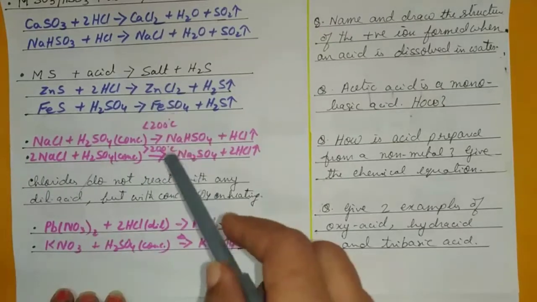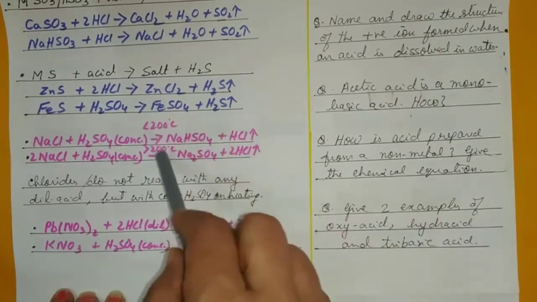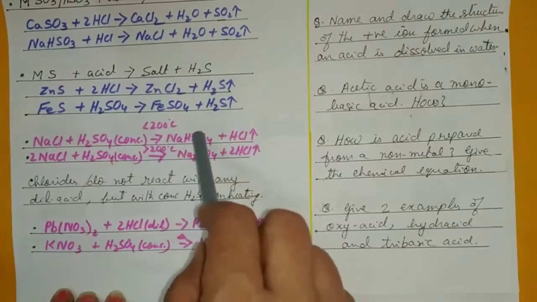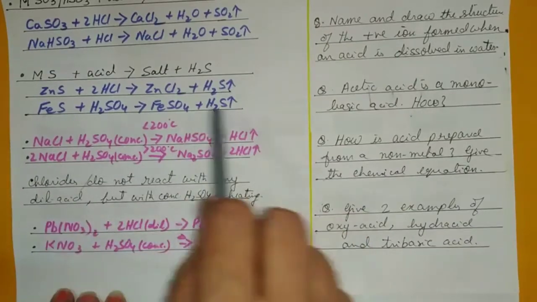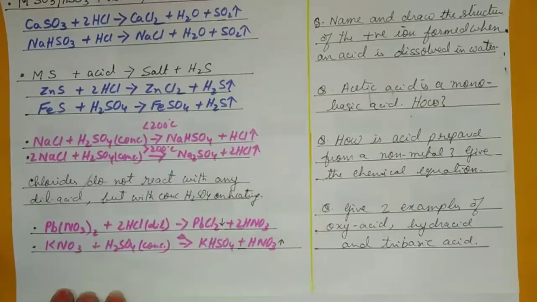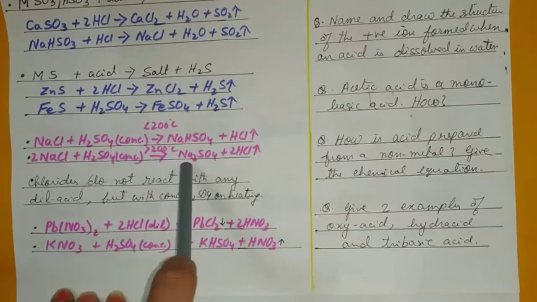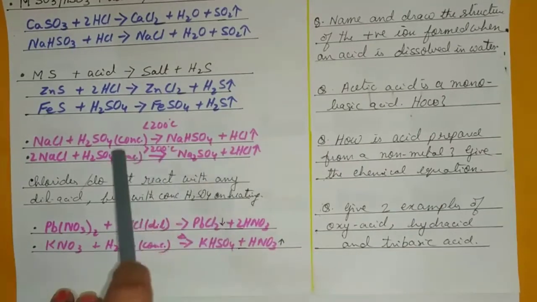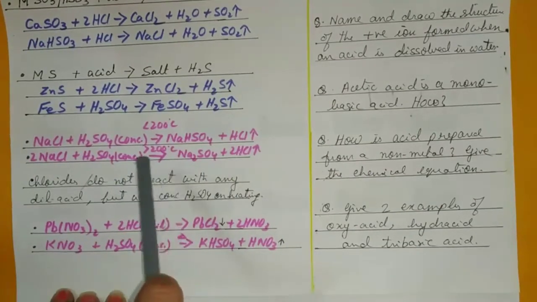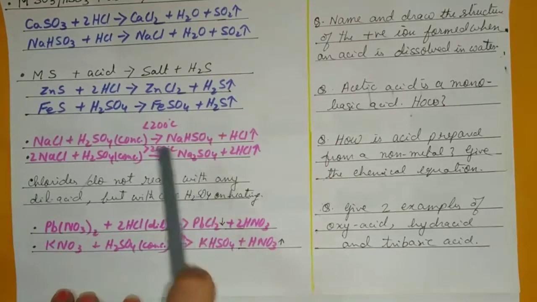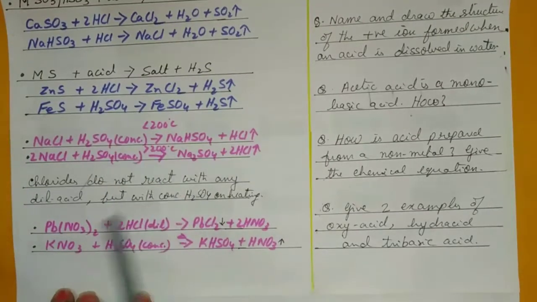But yes, with conc. H2SO4, on heating, the temperature difference will give you two different results. This was done in the laboratory preparation of HCl and is a repetition. So if you have already prepared it from the HCl chapter, it will be simple for you. If you are still to do the HCl chapter, please refer to that video of mine.